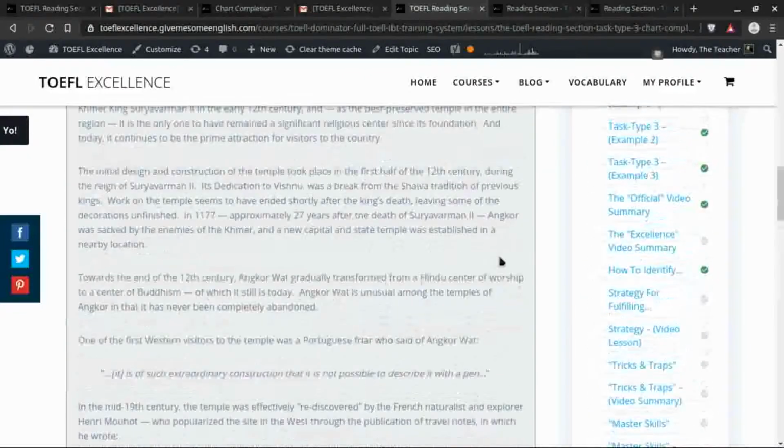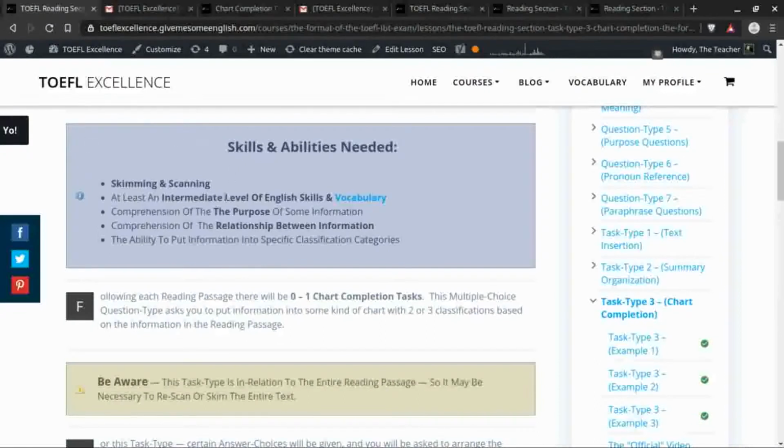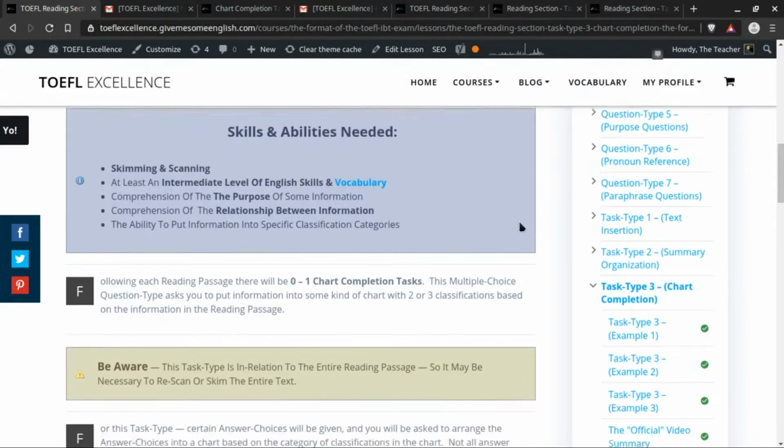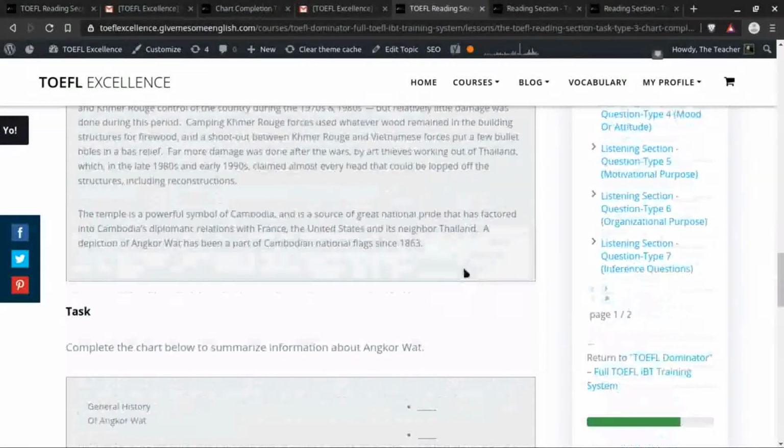This one, you also don't have to read the entire passage. But just like with the first question type in the reading section, you will definitely need to use your scanning abilities. You don't have to skim the passage beforehand, but you will definitely have to scan using keywords to find the information to make sure which information fits into each category.